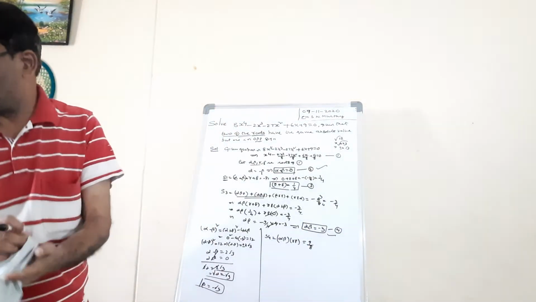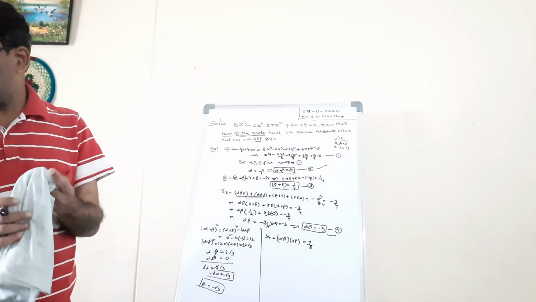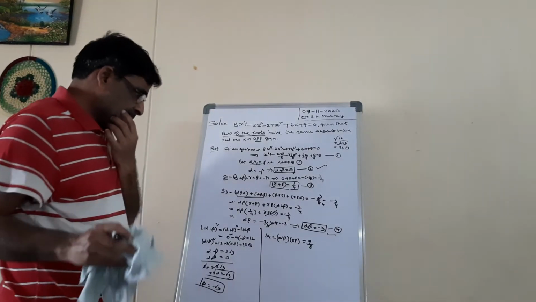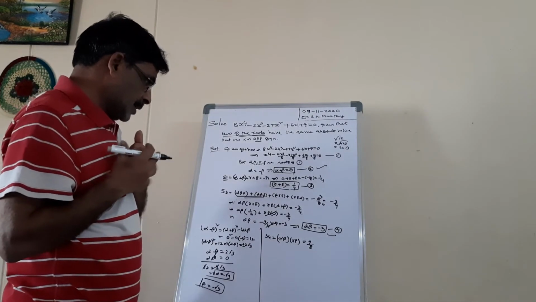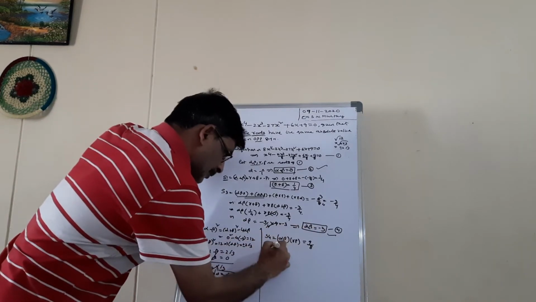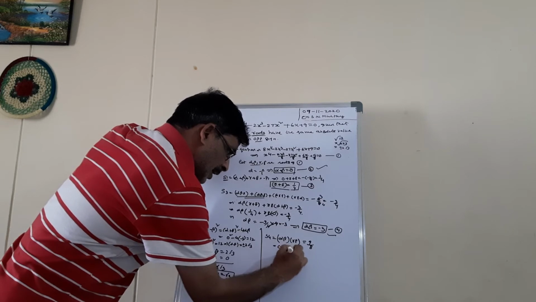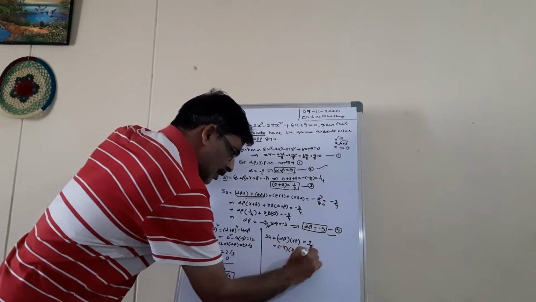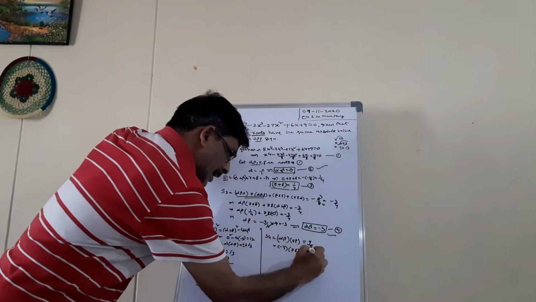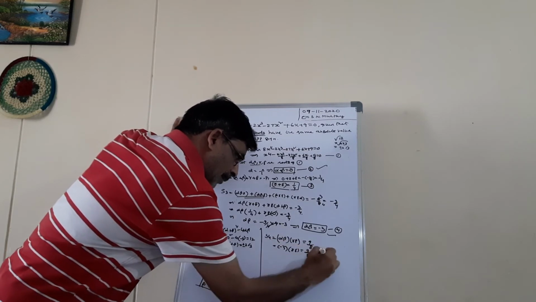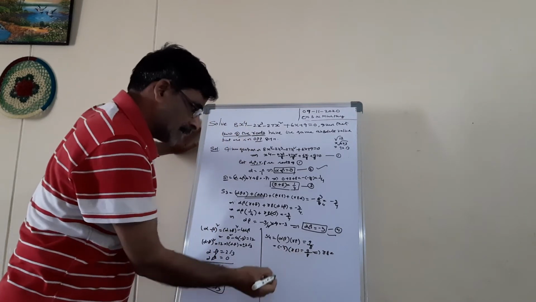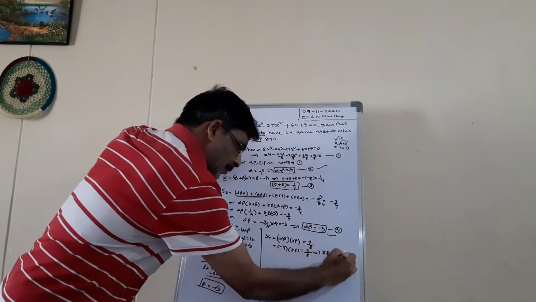We have to substitute: alpha beta value is minus 3, into gamma delta equal to 9 by 8, which implies gamma delta equal to, if you transform that, minus 3 by 8.